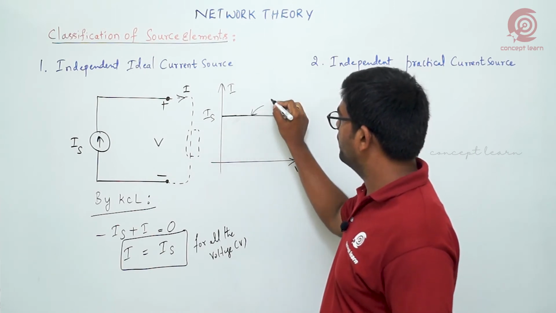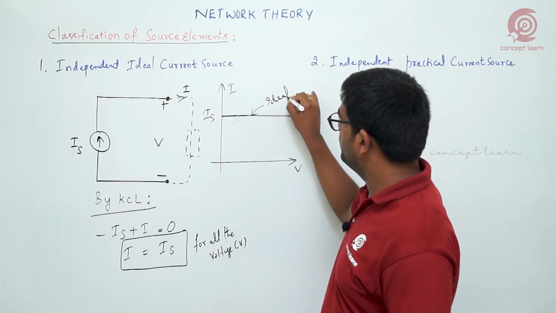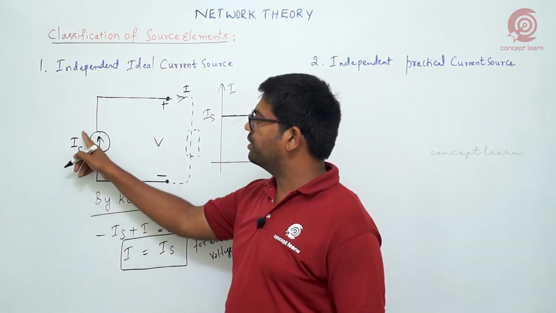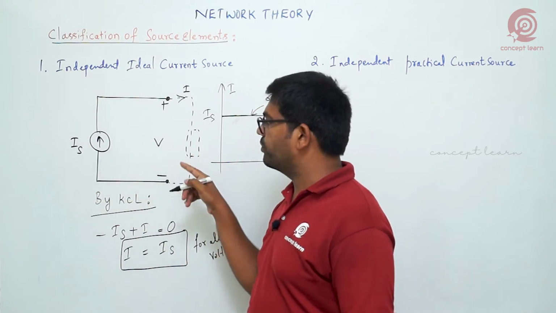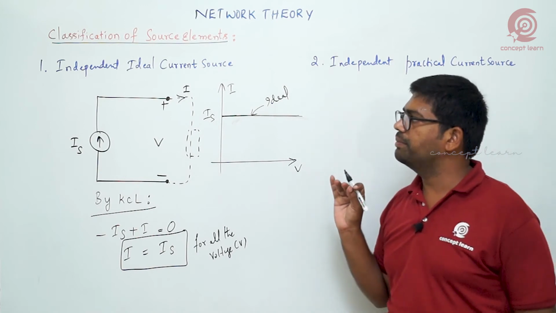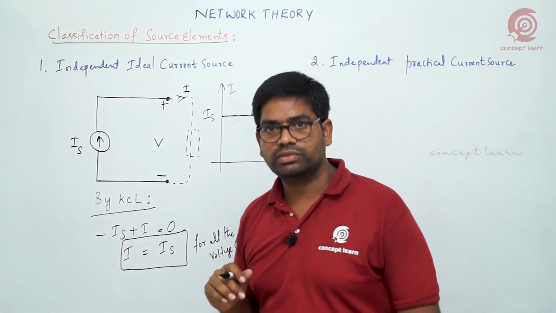This we name the ideal current source. We also name it independent because it does not depend on any other variable in the circuit. So overall, independent ideal current source.